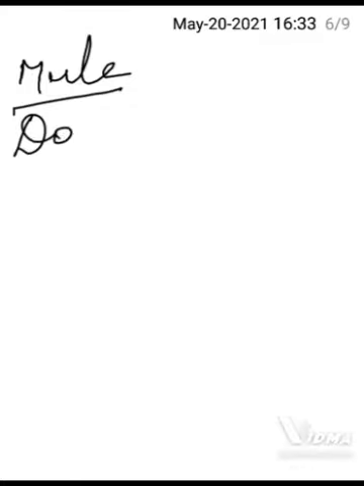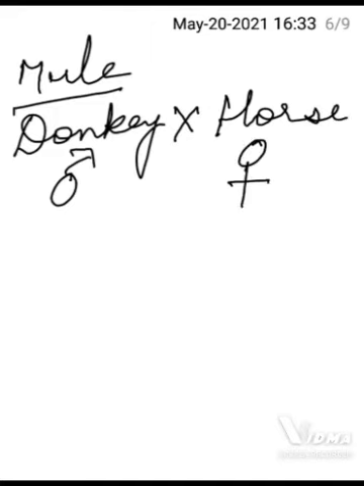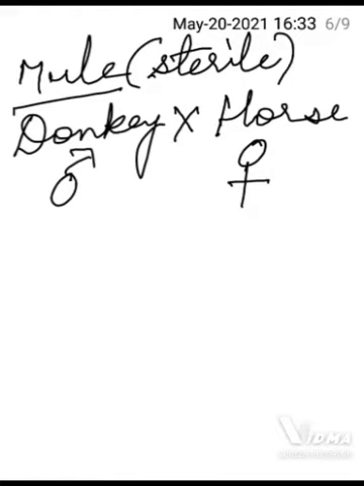They are donkey, which is a male, and it is crossed by a female horse. So, you can see 2 different species have crossed and mule is produced, and they have mated in nature. But what is the exception? Mule is sterile, that is, it is not capable of producing new offspring.